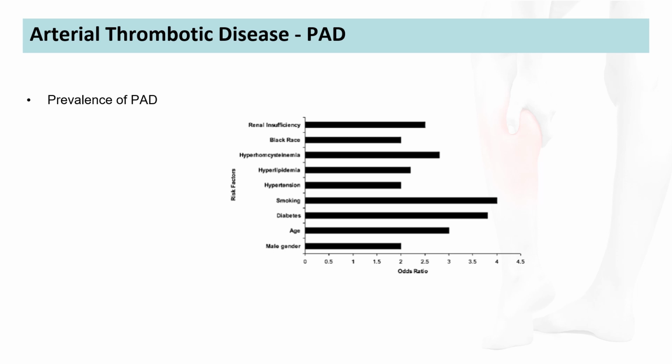Now, it's important to note that about 1/3 of patients with symptomatic PAD, if they are not aggressively treated medically, will succumb to a cardiovascular event in the subsequent 1 year.